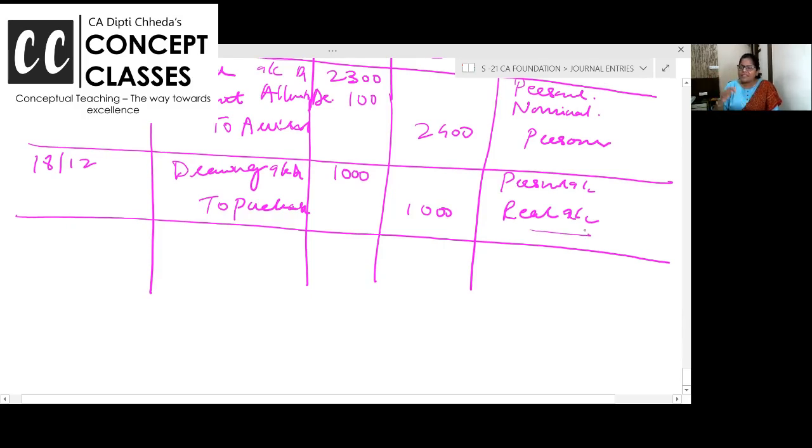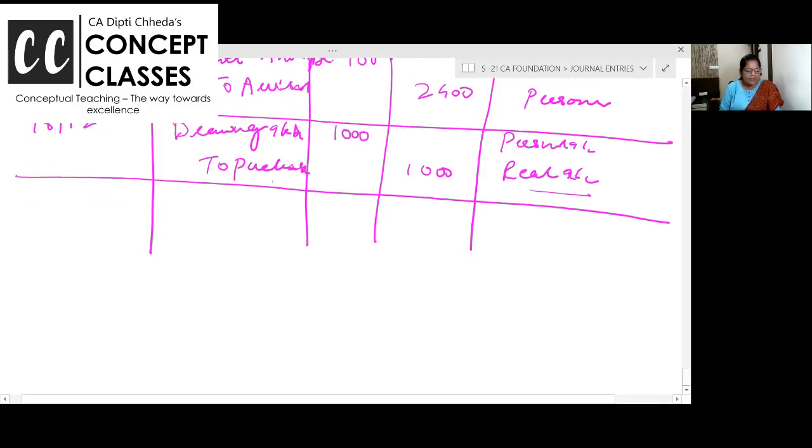Debit what comes in, credit what goes out. So credit the purchases. Stock is going out, taken by the proprietor or you have sold. So credit the purchases, debit the drawings.